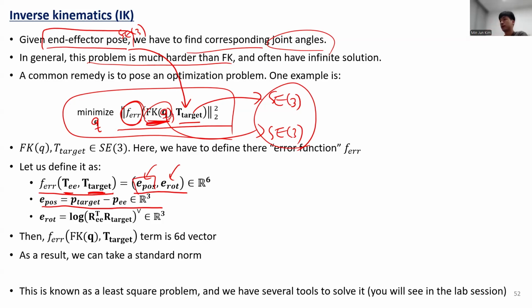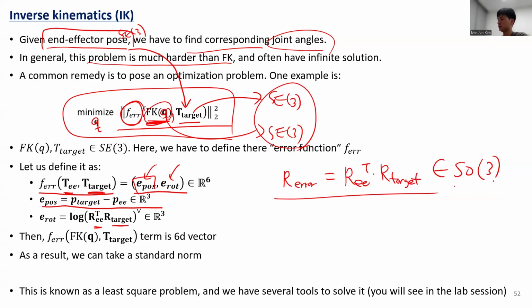What about rotation error? Rotation error can be written as follows. Here one is the end effector rotation, one is the target: R end effector transpose R target. That's again an SO3 rotation matrix, right?